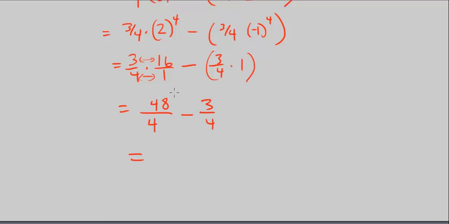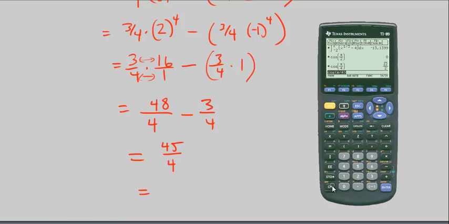Okay, I could have done it the other way. I'm just finding the common denominator. 48 minus 3 is 45/4. All right, you could put it in your calculator, and I think that's 11.25. 45 divided by 4, approximate answer, yeah, 11.25.